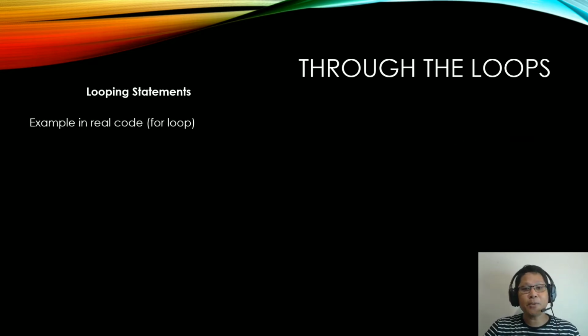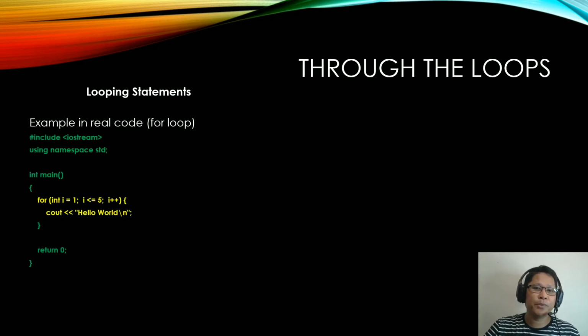So, an example in real code of a for loop. This is it. As you can see, the initialization, the condition, and the increment are inside the parentheses of the statement. This is the initialization, this is the condition, and this is the increment, and they are inside these parentheses here.